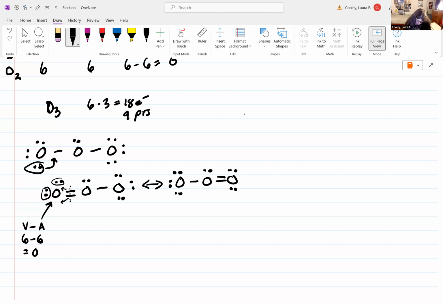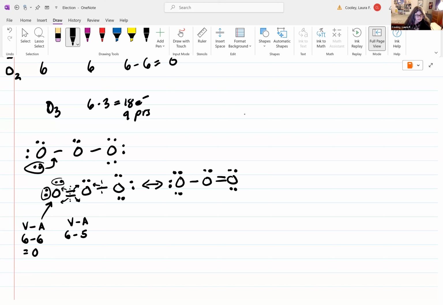This one, we have 1 electron, half of this thing. So that's 3, 4, 5. So it's 6 minus 5. Did I do that right?